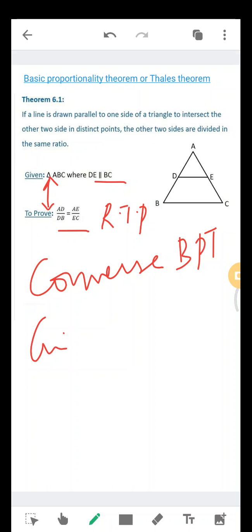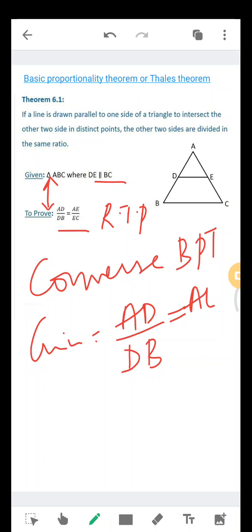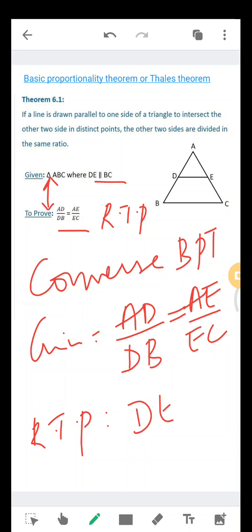So in the converse, given will be AD by DB is equal to AE by EC, and required to prove will be DE is parallel to BC. So today we are going to see the converse of BPT, which is also a very important theorem.